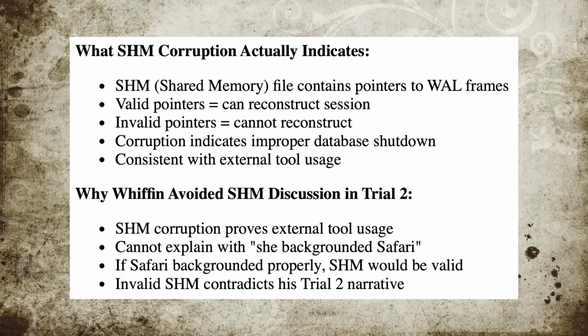Or the database wasn't edited on the device, it was edited on a computer, and so the SHM wasn't saved back to the device. In my humble opinion, I think the SHM corruption proves external tool usage. In any case, Ian Whiffen can't explain it away with she backgrounded Safari, because if Safari backgrounded properly, then the shared memory would be valid.